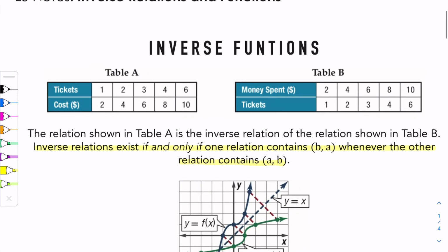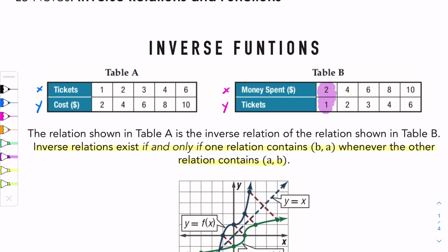For example, let's take a look at this table. Our first point in table A is (1, 2). That would be an x value of 1 and a y value of 2. Whereas in the second table, table B, we have a point (2, 1), where we have an x value of 2 and a y value of 1.